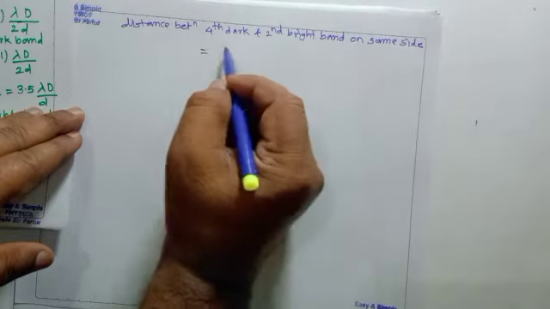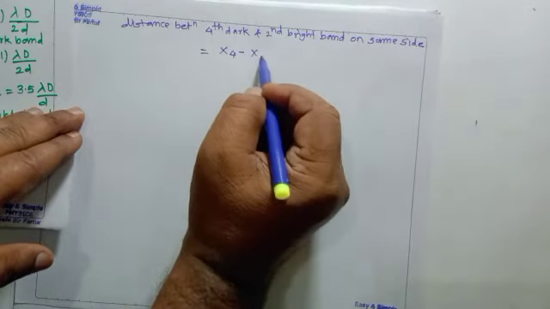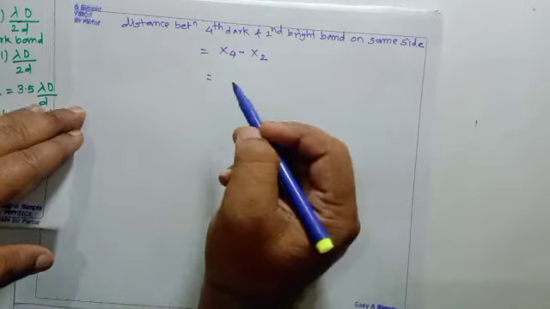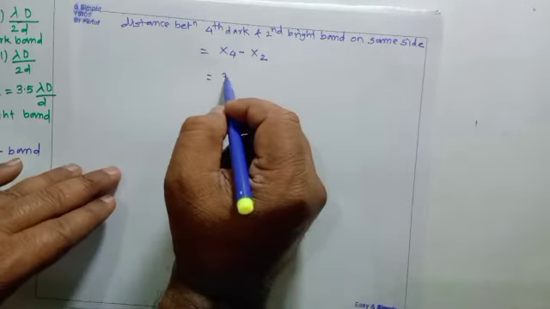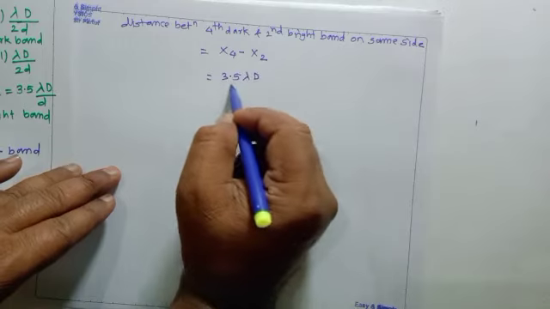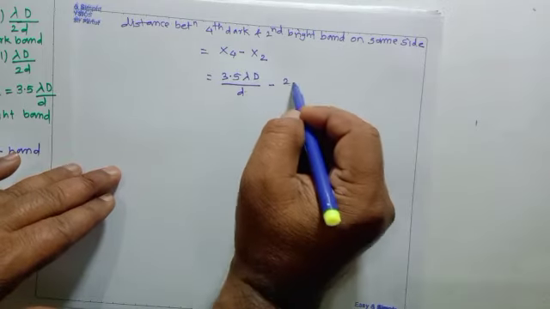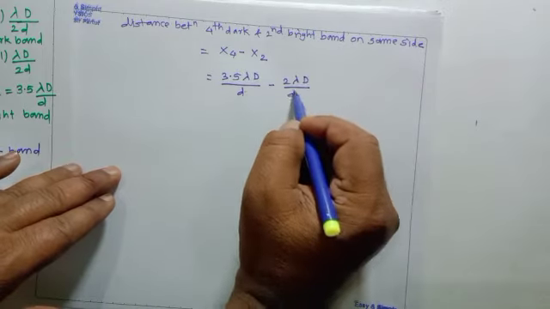It will be x4 minus x2, which is equal to 3.5 lambda capital D upon small d minus 2 lambda capital D upon small d.